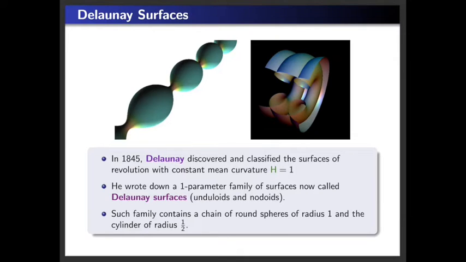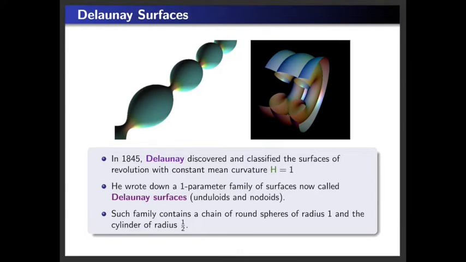Then, of course, there is the plane, there is the sphere, there is the cylinder, and these can be thought of as part of a larger family of CMC surfaces called Delaunay surfaces. These are all surfaces of revolution with that constant mean curvature.